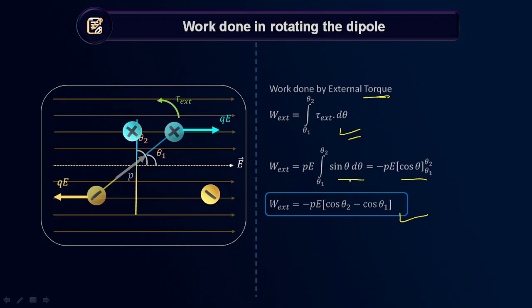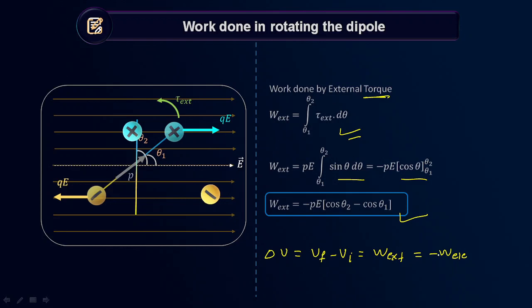Now when we talk about a change in potential energy, delta U equals U final minus U initial, which equals the work done by the external agent, or minus the work done by the electrostatic or conservative force. Hope you remember this from work, power, energy.